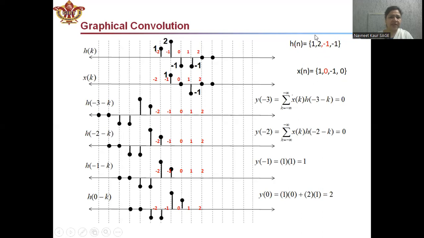So in the convolution, there will be 3 samples on the left-hand side, that is y[-1], y[-2], y[-3].